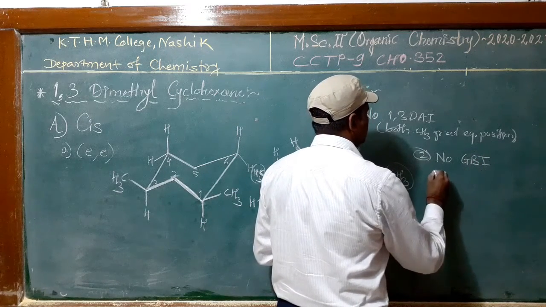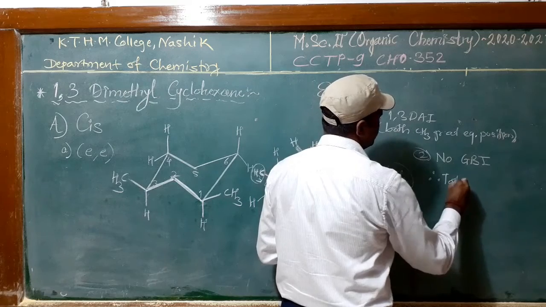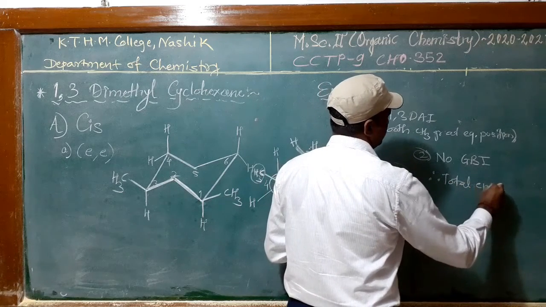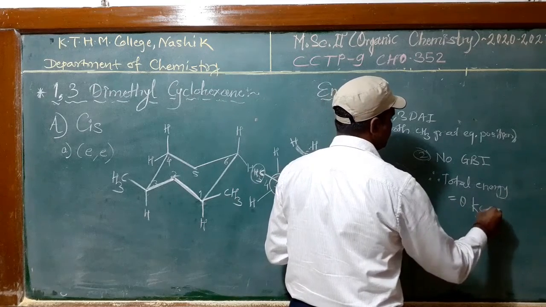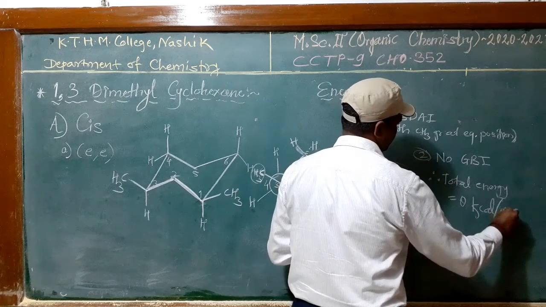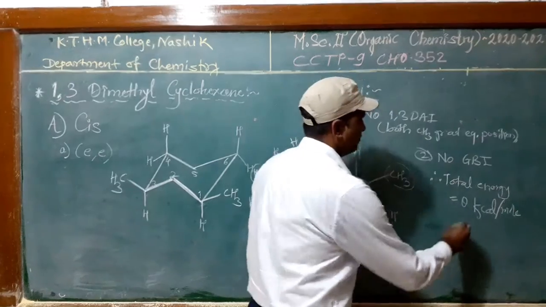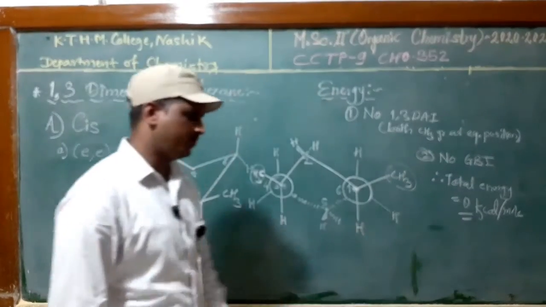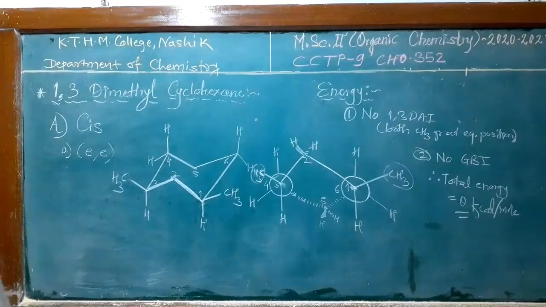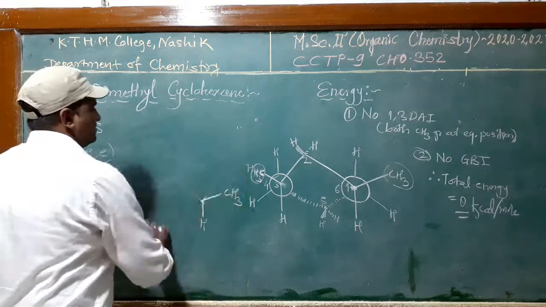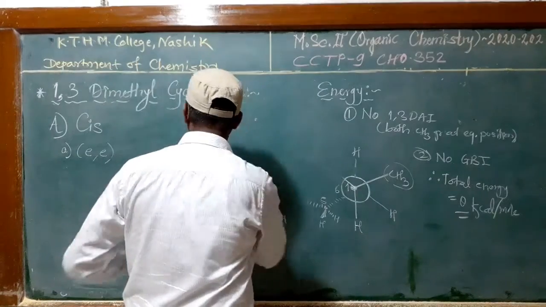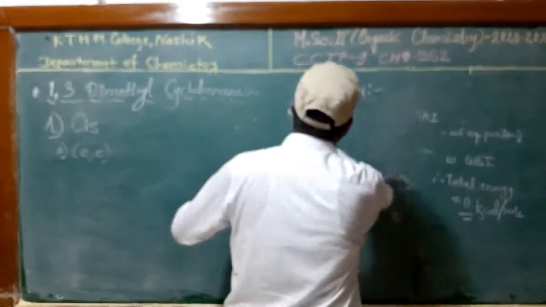Therefore, the total energy is found to be 0 kilocalorie per mole. This is the most stable conformation of this 1,3-dimethyl cyclohexane, because the energy content is found to be 0 kilocalorie per mole. Okay, so this is the first type of conformation, that is equatorial cis 1,3-dimethyl cyclohexane.